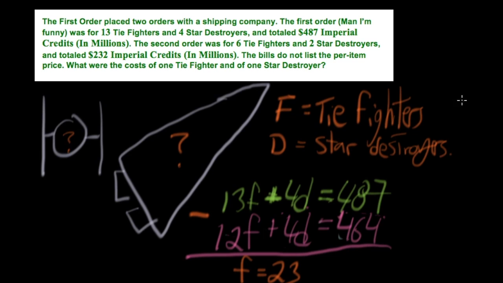I'm just going to write that over here. That makes me happy. Now, let's do some more stuff. I need to put this 23 into one of these equations. I'm going to choose the first one. So this is 13 times 23.